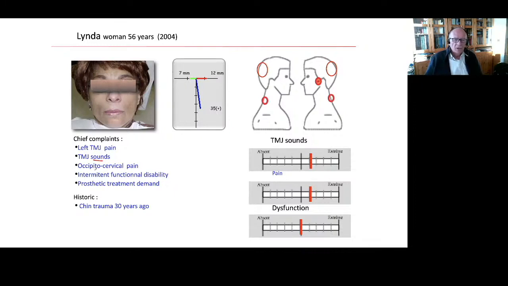She had also occipital cervical pain, with a limitation of the function and prosthetic demand. An historic chin trauma 30 years ago.